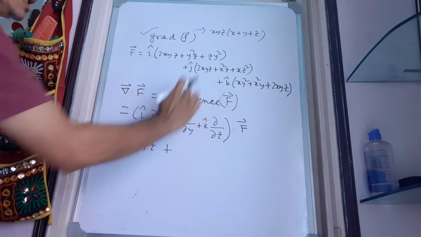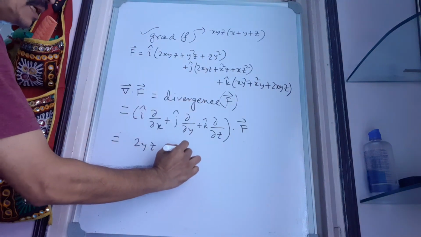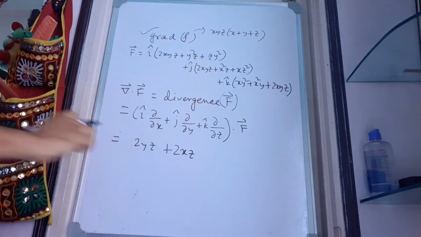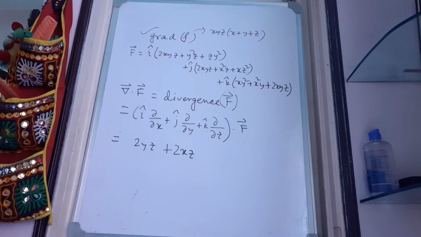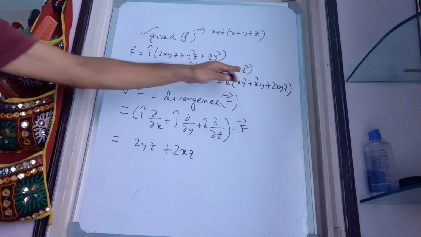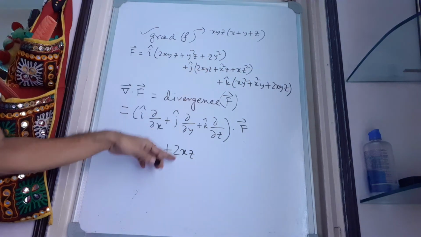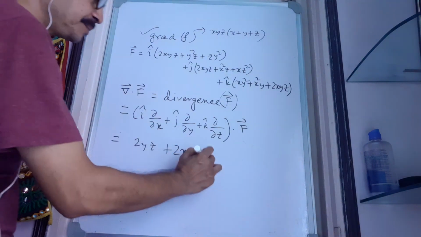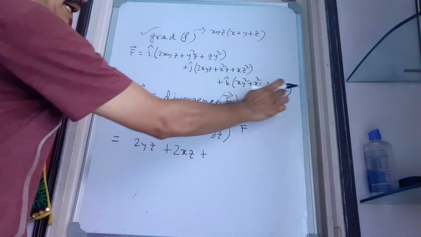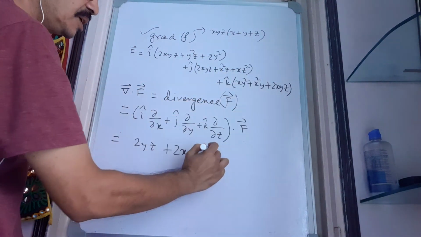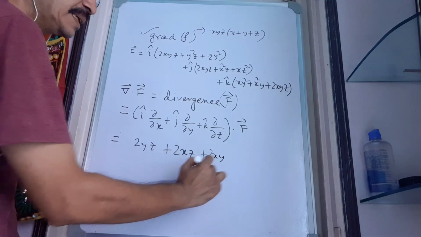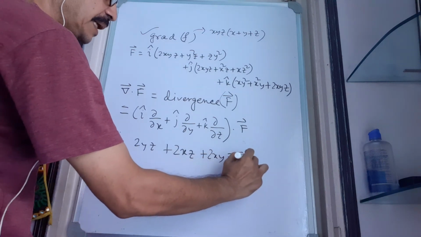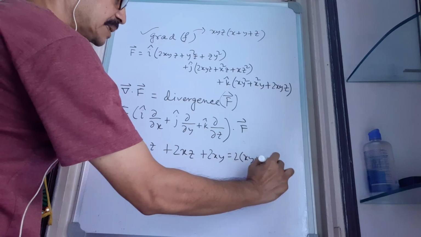We have y in the first term, which when we take the partial derivative of this term with respect to y, we get only 2xz. This is 0, this is 0 because no y is present there, plus del/del z of this gives us 2xy. So, this comes out to be 2xy plus 2yz plus 2zx.